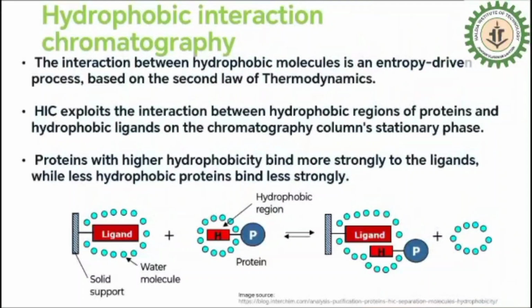Proteins with higher hydrophobicity will bind more strongly to the ligands present in the stationary phase, while less hydrophobic or more hydrophilic proteins will bind less strongly. So during elution, we will get the hydrophilic proteins first, then the medium proteins, and then finally we will get the hydrophobic proteins as our eluent.